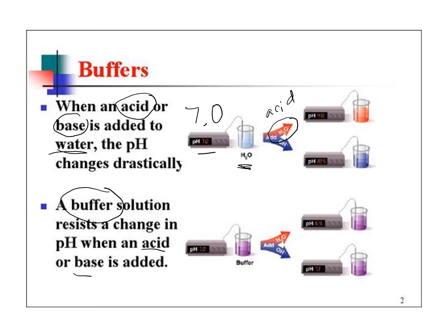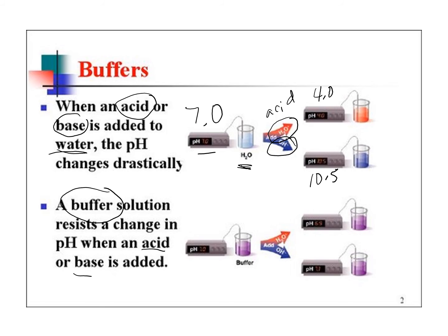So this could be a strong acid like hydrochloric acid. And what happens when I do that? My pH is going to drop. Okay, so my pH drops from 7 to 4. So there's a big pH change by adding just a little bit of acid to water. And if I have a base represented by my hydroxide ions here and I add it to water, my pH is going to increase. So this may go up to 10.5. So there's a big increase here in water.